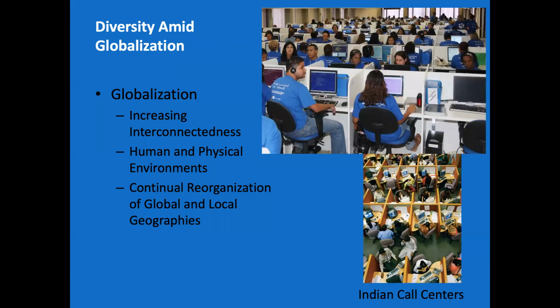So, globalization, diversity amid that globalization, the idea of the interconnectedness and the increasing interconnectedness between places. Think about the idea of when you make a phone call to a call center or to a technical assistant, whether it be your phone company or your computer company, oftentimes you reach places that are not really in the United States.